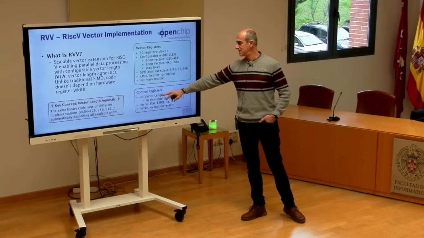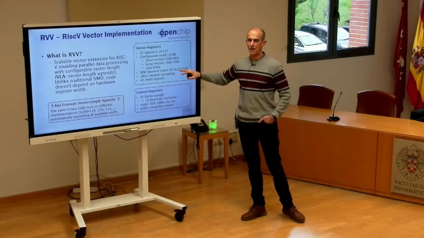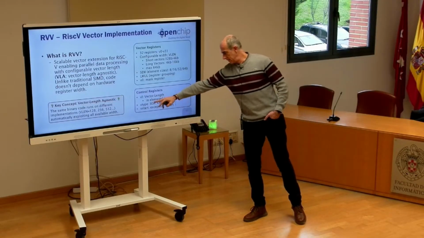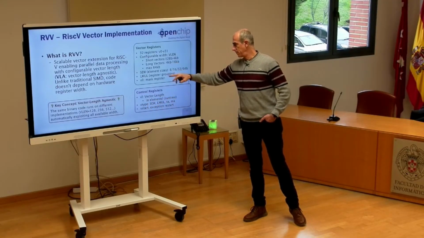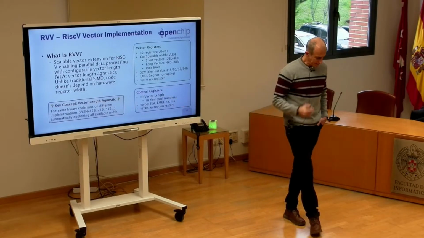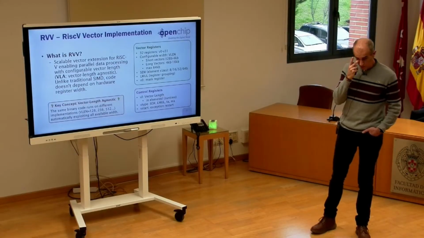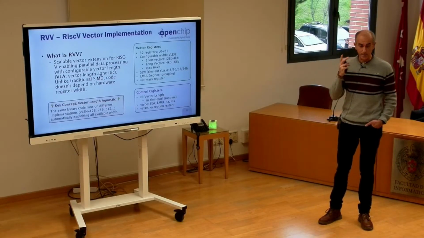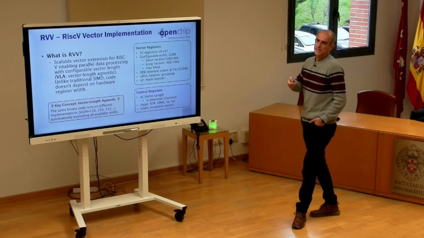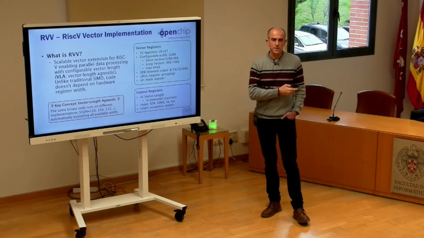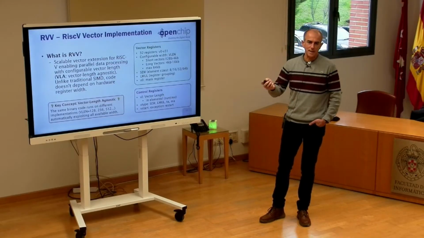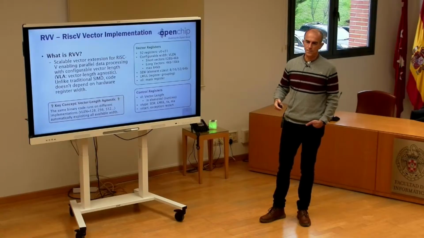So it depends on the size of the element you are storing in the registers. In this vtype, you put this information, the SEW and the LMUL. And there is also another field, which is vstart, which is used when there is an exception, for example, of the processor. Instead of repeating the operation on all the data elements of the vector register, you can restart from the last computed one.